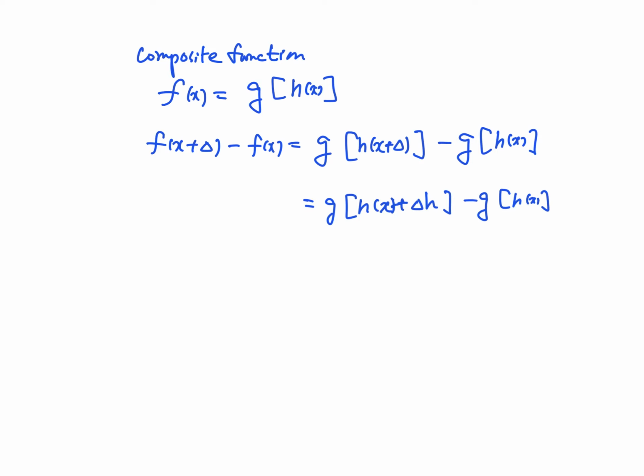Here we assume that h(x + delta) can be written as h(x) plus delta h, as delta goes to 0 and delta h goes to 0.